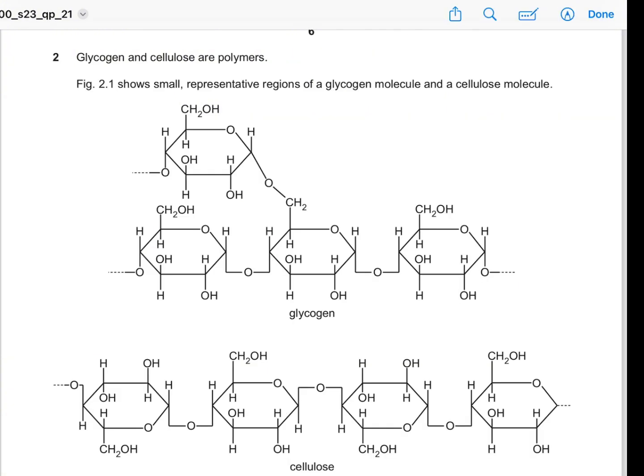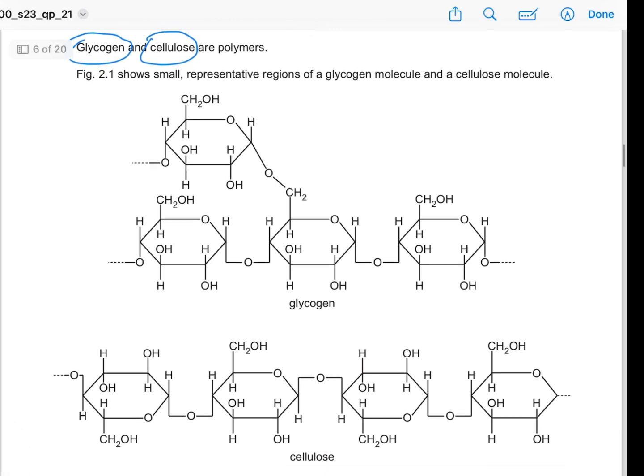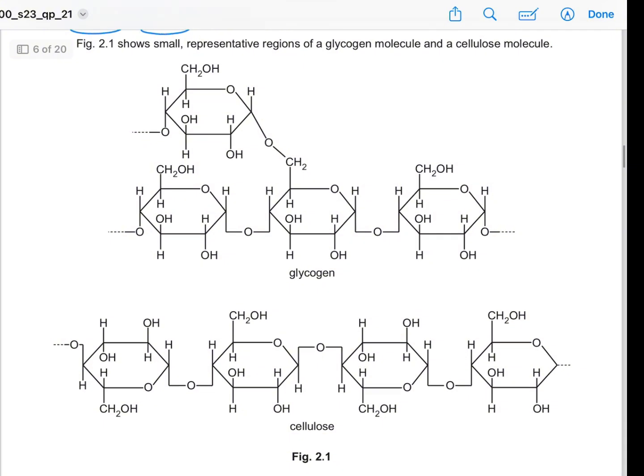Question 2. Glycogen and cellulose are polymers. So glycogen is the storage polysaccharide found in animal cells, mostly in liver and muscles, whereas cellulose is the structural polysaccharide found in cell walls of plant cells. Figure 2.1 shows small representative regions of a glycogen molecule and a cellulose molecule.